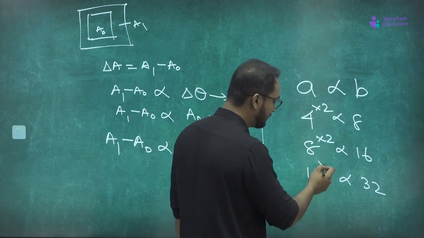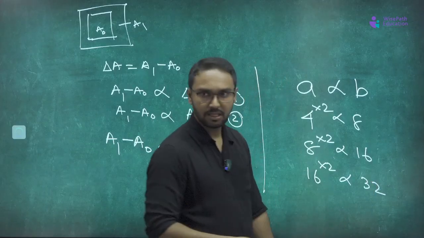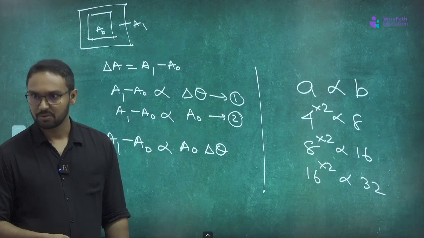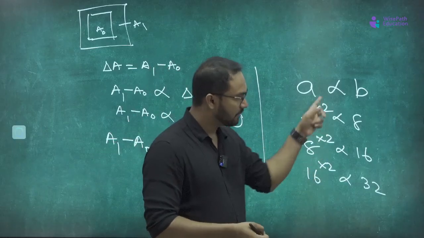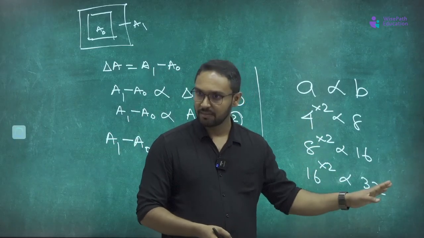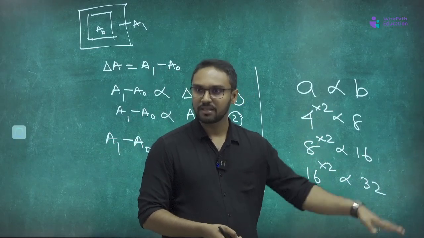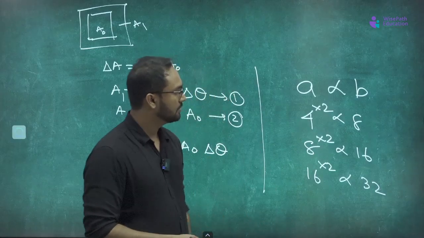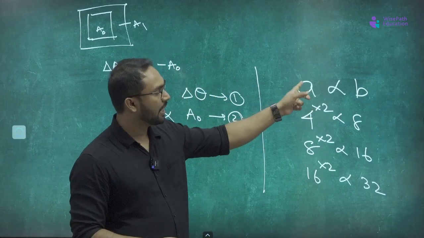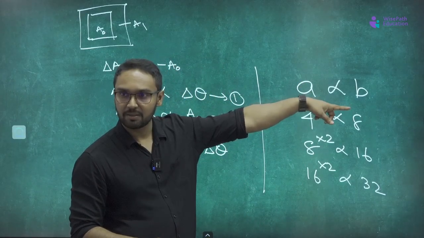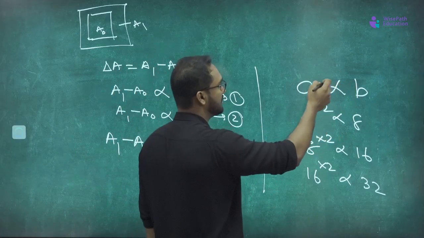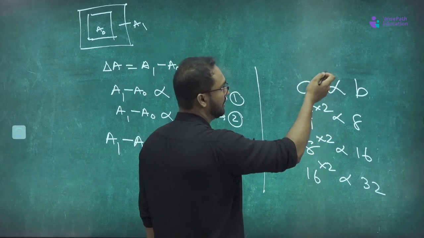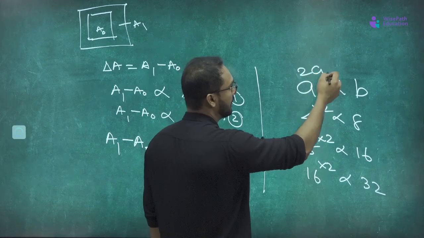If you multiply this by 2, this will be 32. So multiplying it by the same constant will give two equal values. So 2 times A should be equal to B. I'm making this proportional equation by multiplying by 2. So 2A equals B.